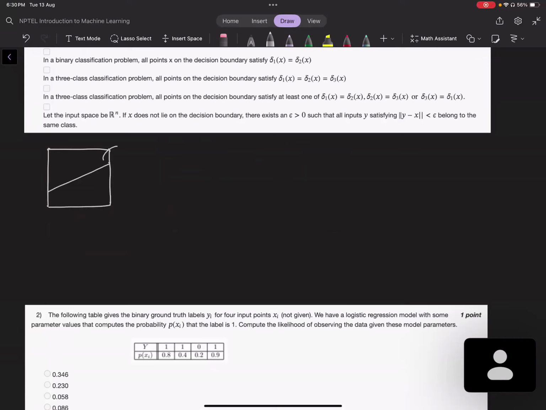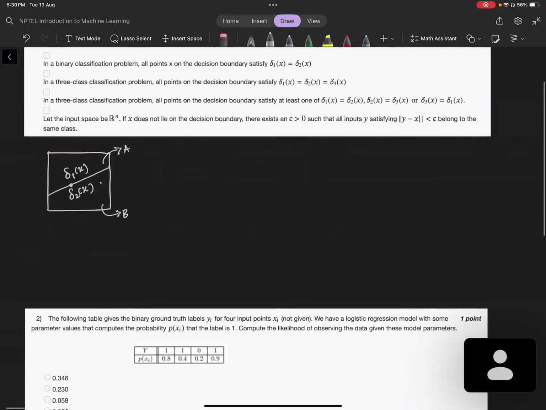Okay. This for class A, this for class B. So it's saying that if a point lies here on the decision boundary, then delta 1 of x should be equal to delta 2 of x, which is true, because if it is here, then the probability that this belongs to class B is much higher than that it belongs to class A, because it's on the other side of the decision boundary.